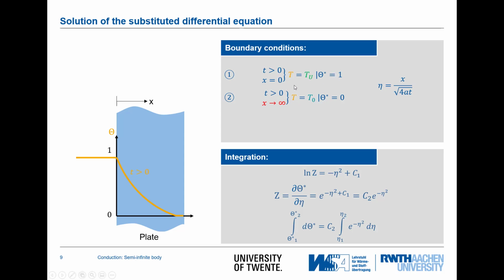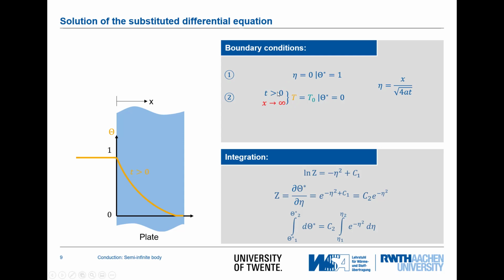We had the first boundary condition on the left side, where for t larger than 0 at the location x equal to 0, the temperature is the environmental temperature, and so this theta star is equal to 1. What is eta for this value? X equal to 0 translates then to eta equal to 0.